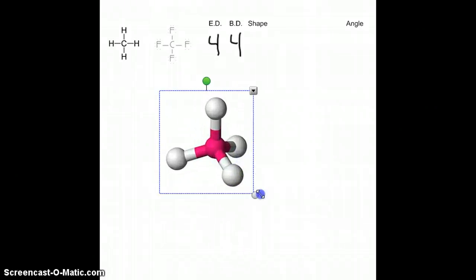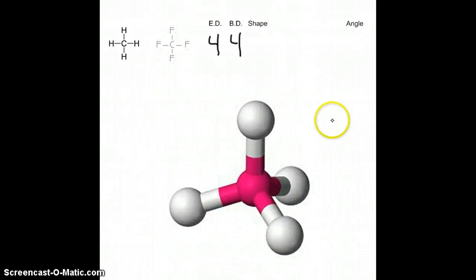Realize VSEPR theory says that those electron pairs are going to want to be as far away from each other as possible. So they're going to take a shape that looks like this. And I'm going to make this a little bit bigger so that maybe you can see it.